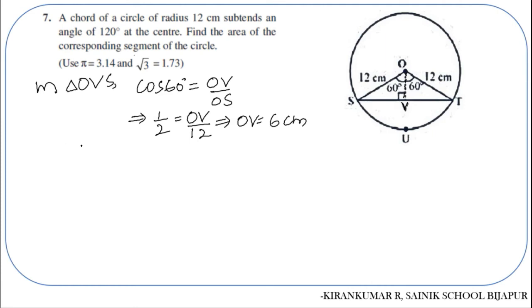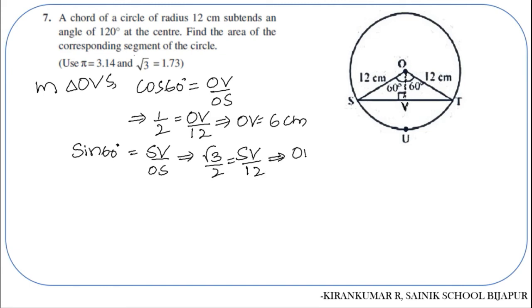Now I will consider sine of 60 degree. Sine of 60 degree will be SV upon OS. Sine 60 is root 3 by 2, which is equal to SV upon 12. So we get the length of SV as 6 root 3 centimeter.